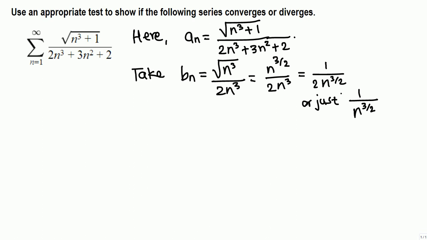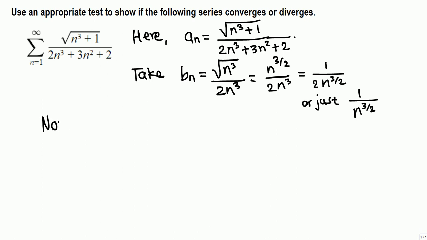By the way, sigma 1 over n raised to 3 halves is a p series with p equals 3 halves, bigger than 1, so it converges. So sigma bn converges. Okay, let's take the limit comparison test.